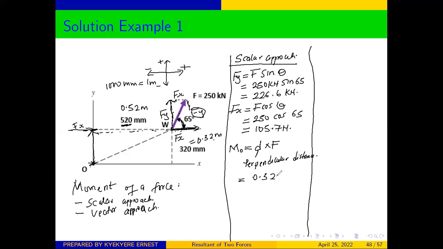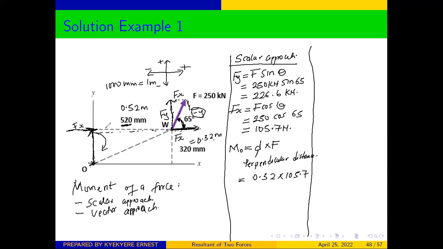0.32 times our force, which is 105.7. Now let's check whether it will be positive or negative. If the force is applied here, and this is the perpendicular distance, we see that this force will tend to rotate the object in this direction.